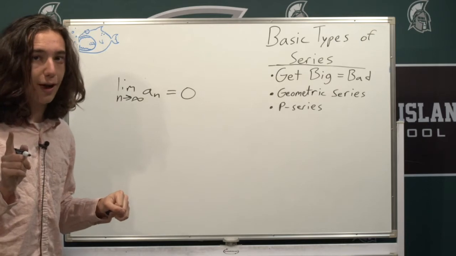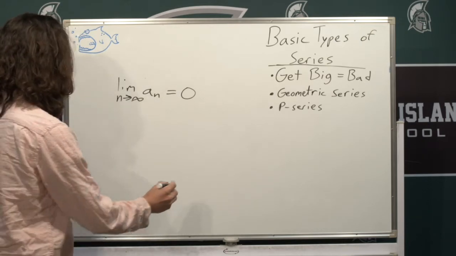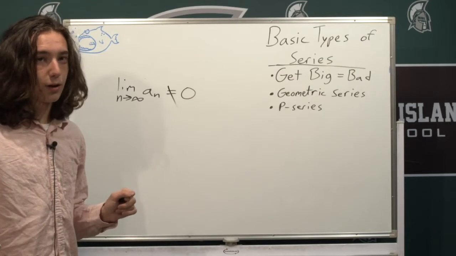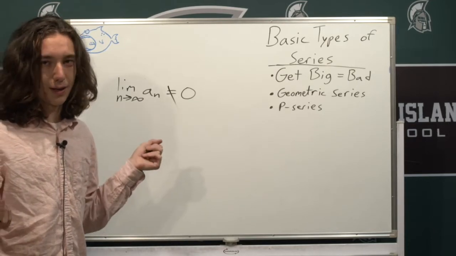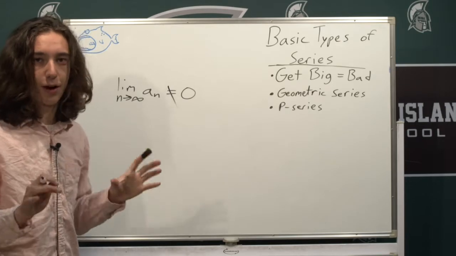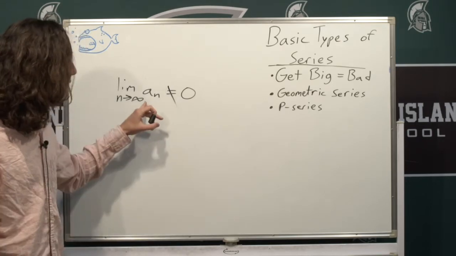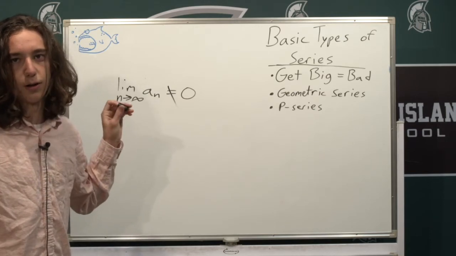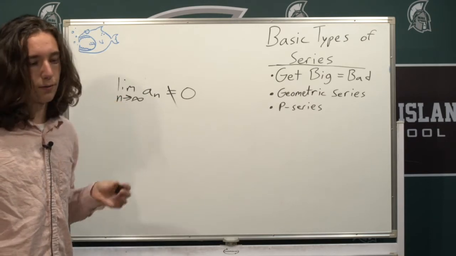And since we know that, we can say the opposite. If the limit of a sub n does not equal 0, it's really easy to say this thing does not converge. There is no way that the sum of a series that goes somewhere other than 0 converges.